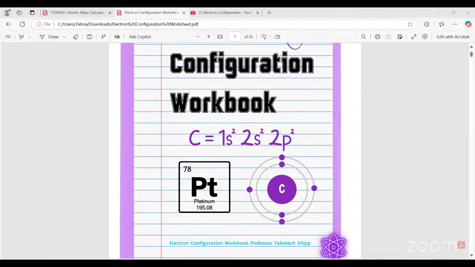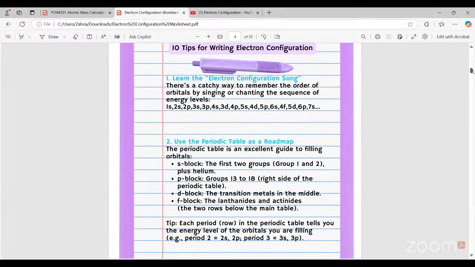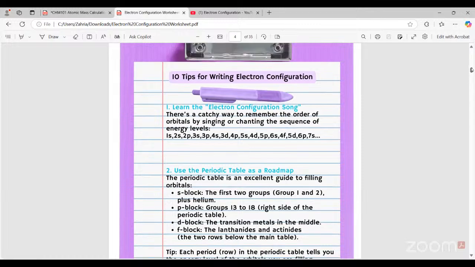One thing you do have to have, of course, is a periodic table, because it will help you know where everything is located. I'm going to show you certain concepts that you need to be mindful of when it comes to electronic configuration. One is the groups that are outlined on the periodic table and how you're supposed to use them.